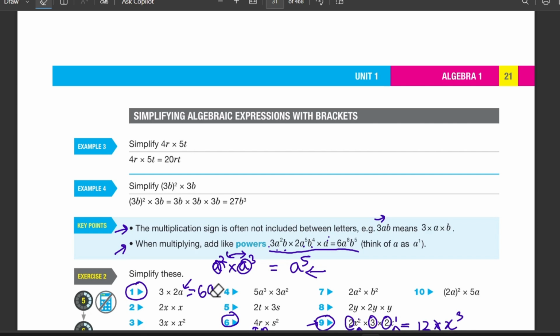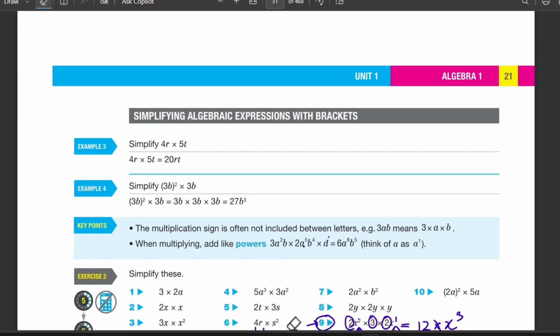So in the first example, they are telling us to simplify 4r times 5t. Okay, the only thing we can do is, that's just a multiplication. So there's not much simplification we can do.